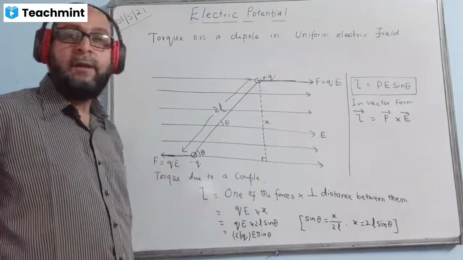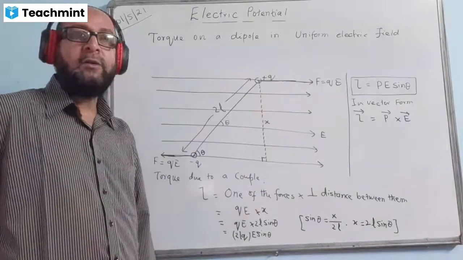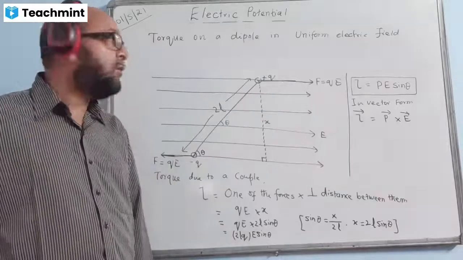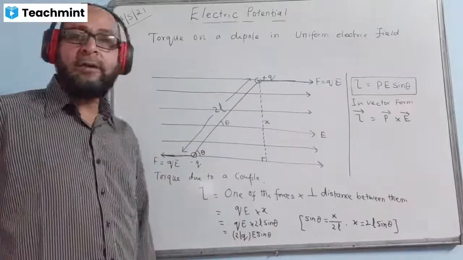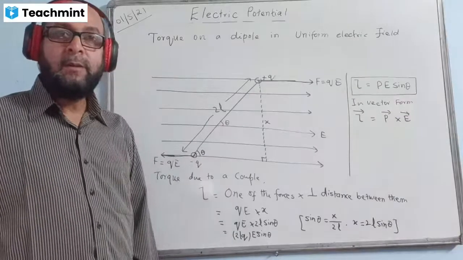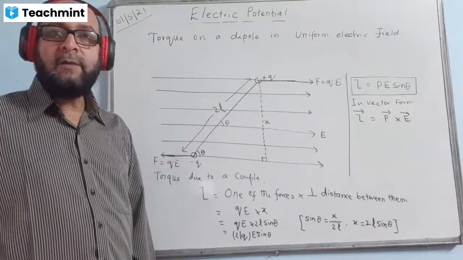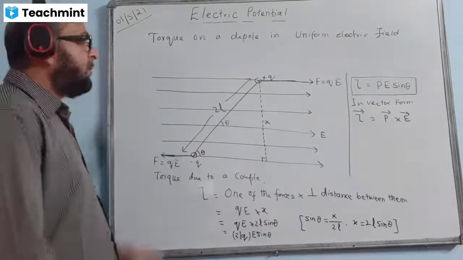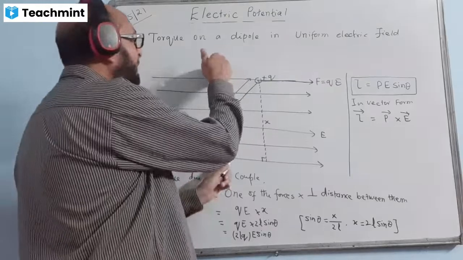So in ISC once they had asked this question: draw a diagram only, to show the torque acting on a dipole in a uniform electric field is maximum. How will you draw the diagram for showing the maximum torque? You have to keep this dipole at 90 degrees like this.